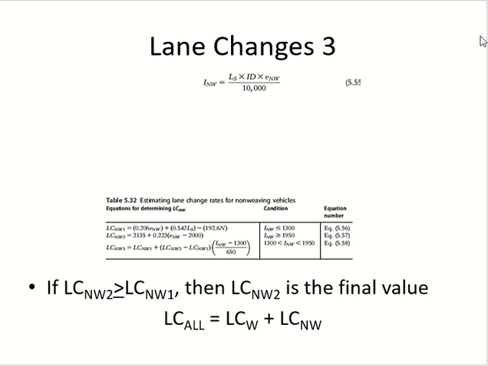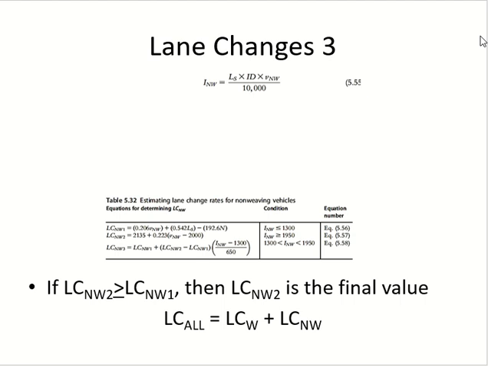Second case is your INW is less than 1300, but the value you are getting is less than this one. So either the INW is more than this value, or the INW is here, but this value is less than this one. Okay. Clear?